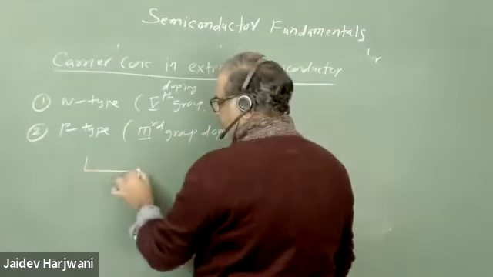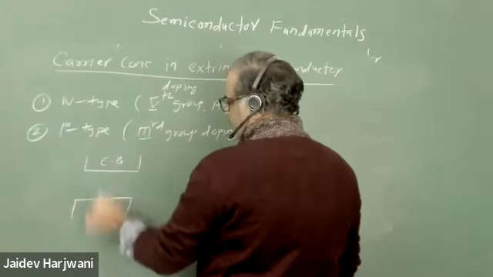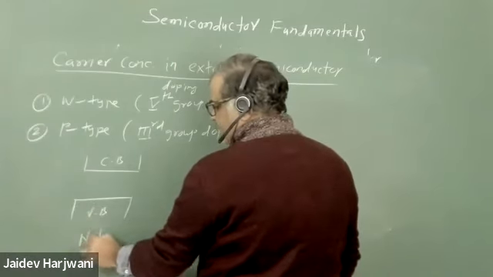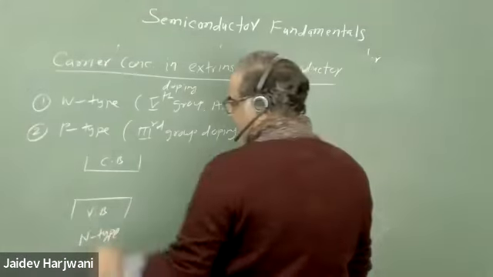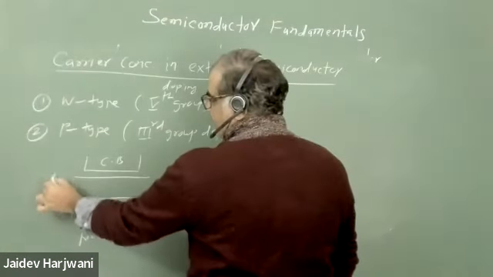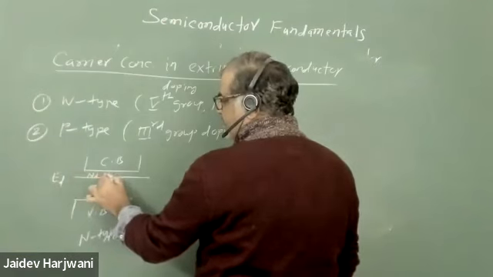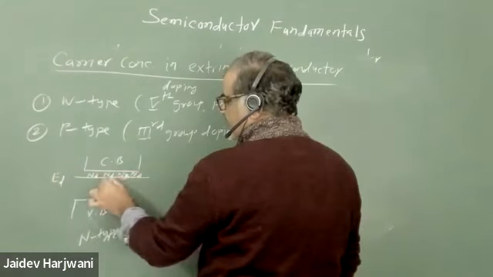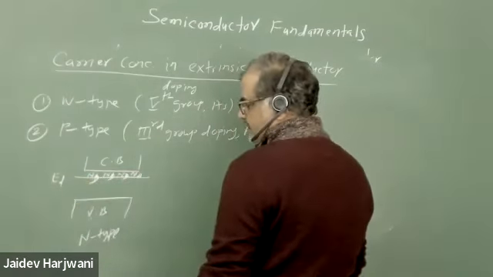So I told you, if there is a conduction band and here is your valence band, and say this is an n type of semiconductor, okay, so n type has a donor level somewhere here, okay, and here we have donor atoms, n number of donor atoms, Nd, capital D, okay.